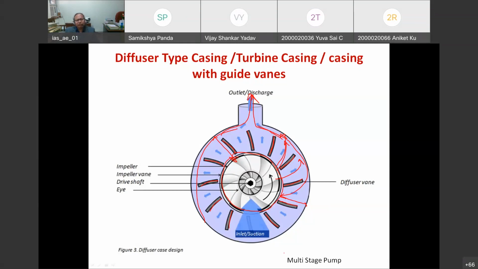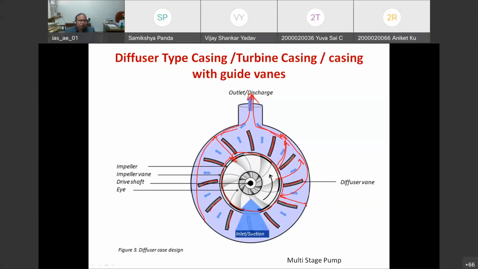And generally, we use such diffuser casings in the case of multi-stage pumps. Multi-stage pumps means, as I told earlier, that one impeller is supplying water to another impeller. The water which is going out will not be used here.